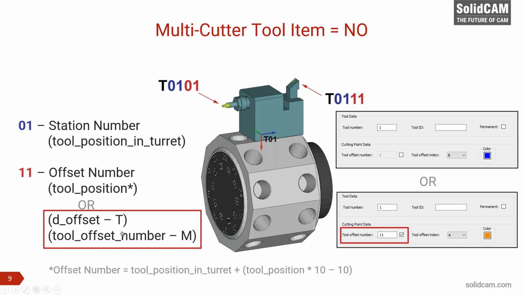In this case, you are going to use the D offset for your turning jobs and the tool offset number for your milling jobs. Everybody who makes posts probably knows about this, and this is by default. And for all of you who are watching this and are not familiar with these things, I think you'll find this slide very useful.